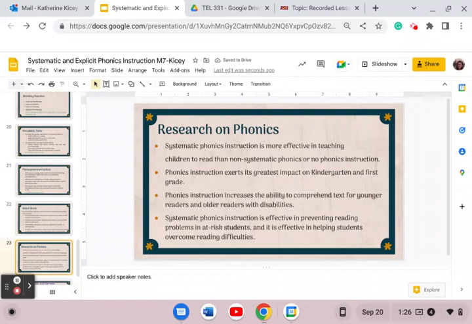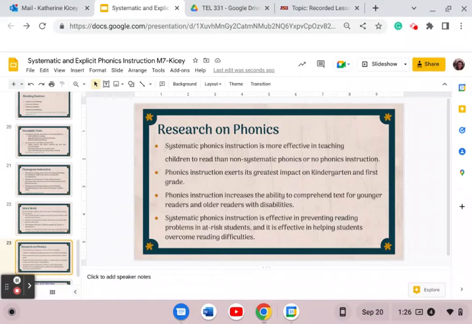So this class is all about this research. This is all about the science of reading, thinking about the most up-to-date, most efficient way to teach reading. And there's been a ton of research on phonics. And what we have found is systematic phonics instruction is more effective in teaching.